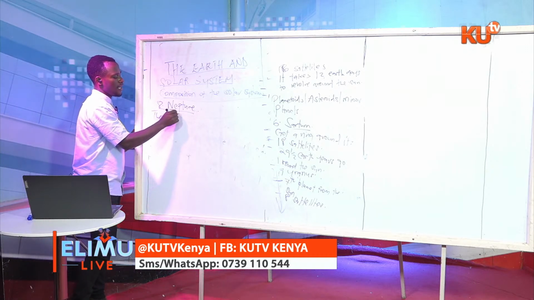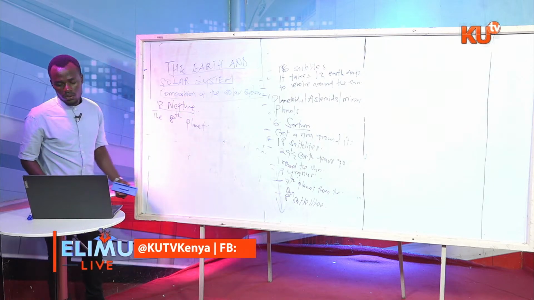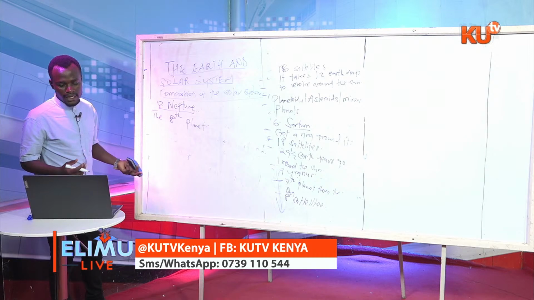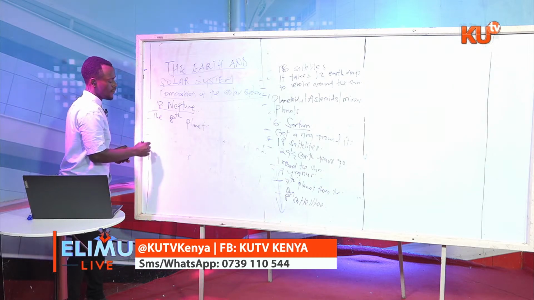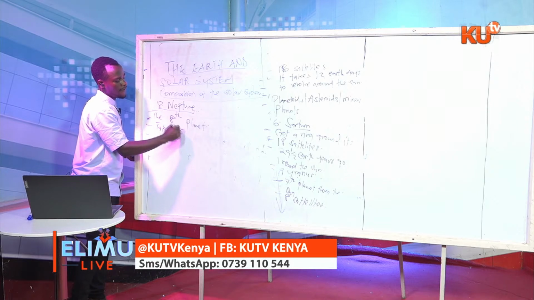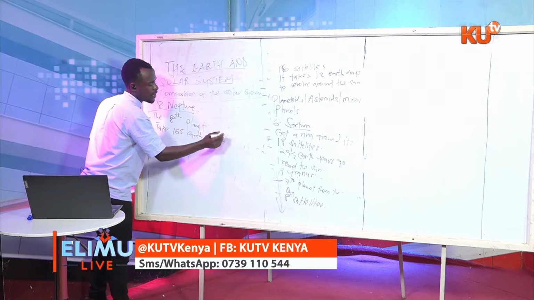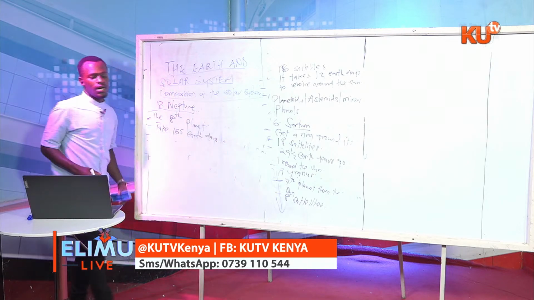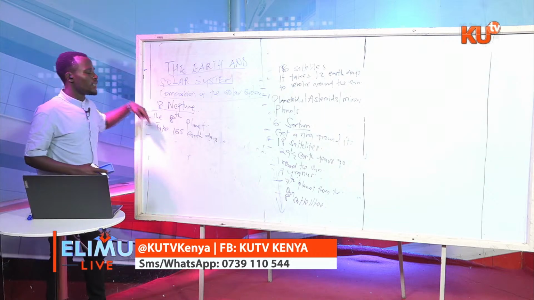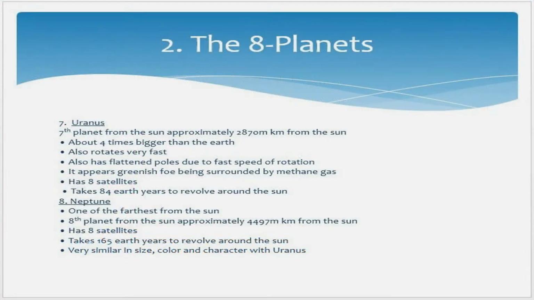And it also takes 165 Earth years to go around the sun. And therefore, we can also say that this one is the farthest planet from the sun.